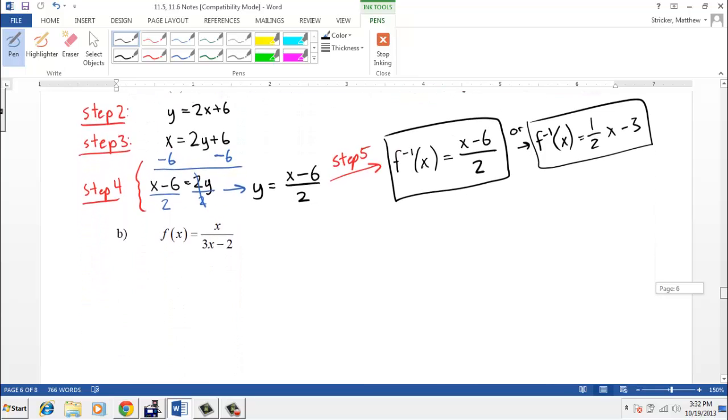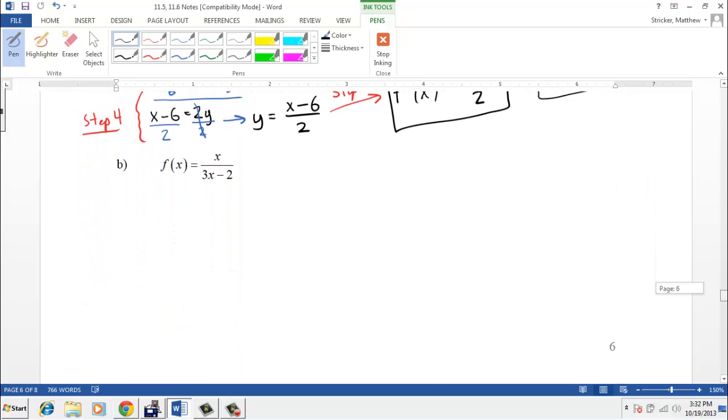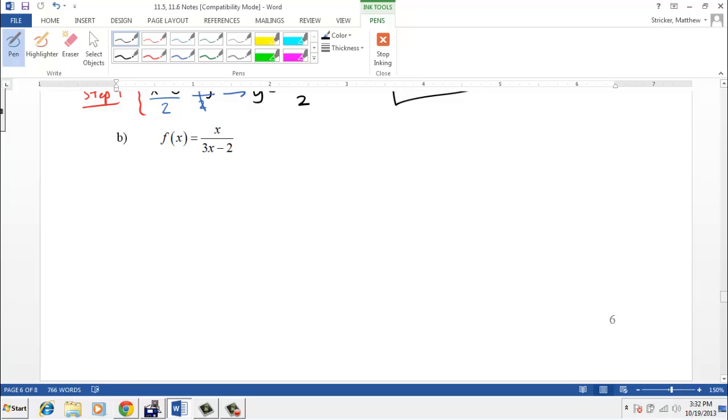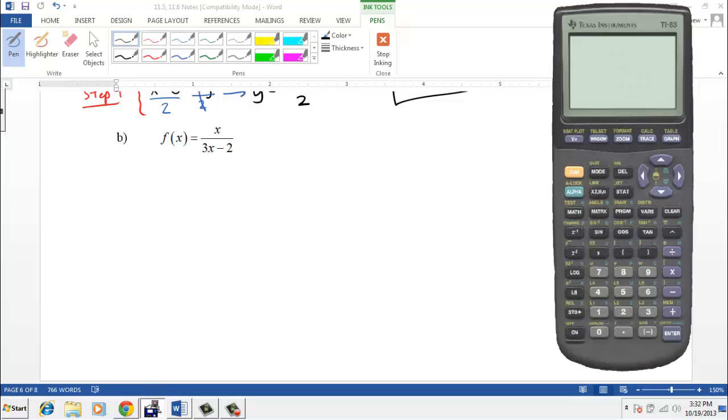Okay, take a look at one that's a little bit tougher. Now, the last one was a little bit easier to graph than this one, so we might want to put this in our graphing calculator to see if it's 1 to 1. That's our first step. So if we turn on our graphing calculator and clear our function and put in x divided by, and then put parentheses, 3x minus 2.